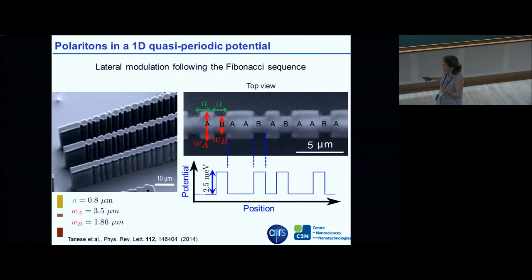So we choose a value not too small, because if it's really too small, polaritons are going to average everything and we will not see anything. So 0.8 is an intermediate value, which is not too small, so polaritons feel the detail of the potential, but not too large, so that we can resolve as many gaps as possible. This is the kind of trade-off we had to make to design the sample.